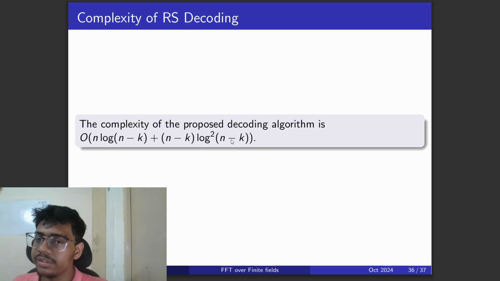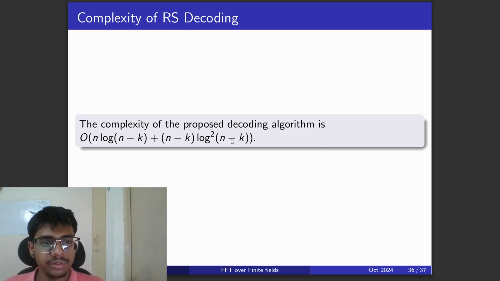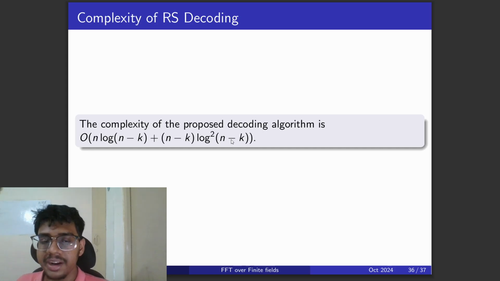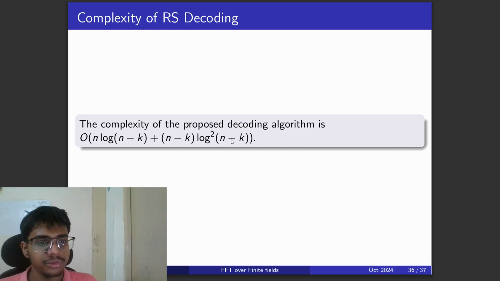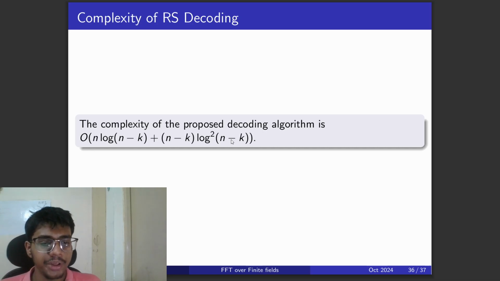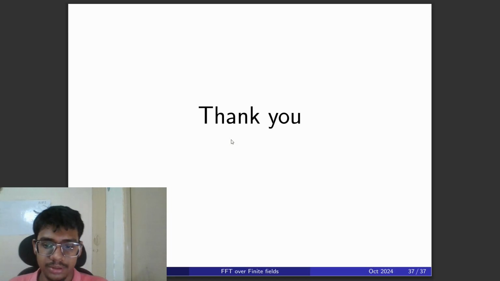There are also different codes such as BCH codes or some different cyclic codes which are also used. But this is the most used till date and the oldest, I think. So this was the Reed-Solomon encoding and decoding algorithm using FFT over finite fields, and thank you.